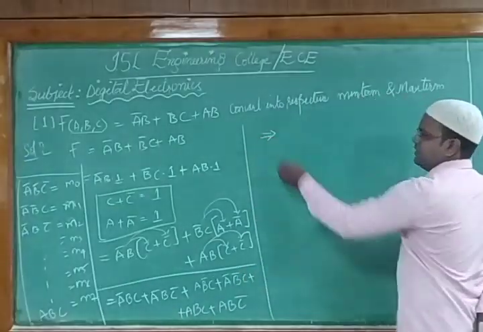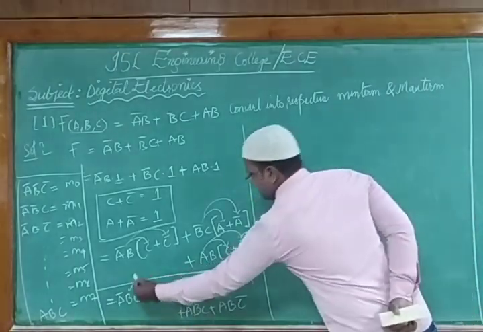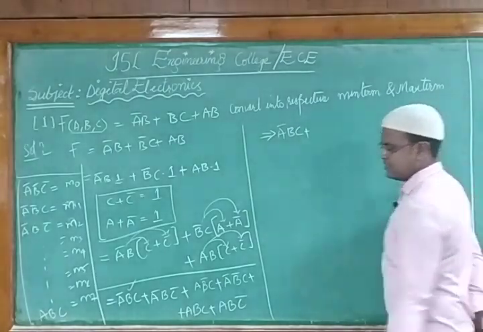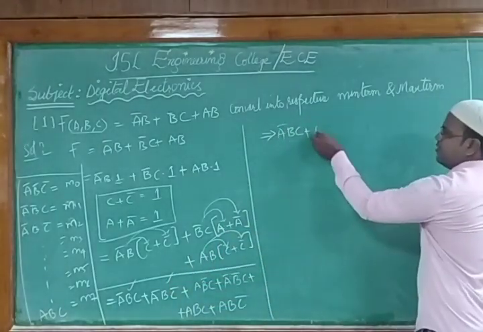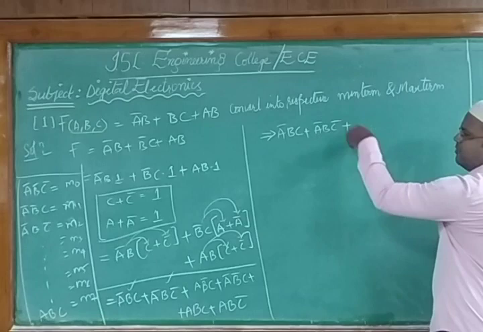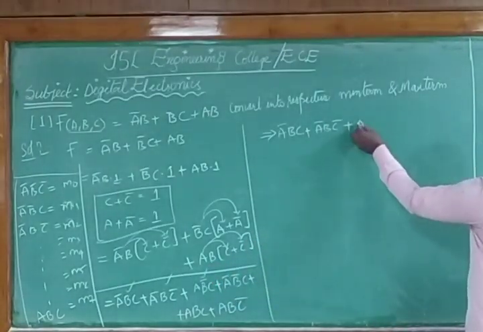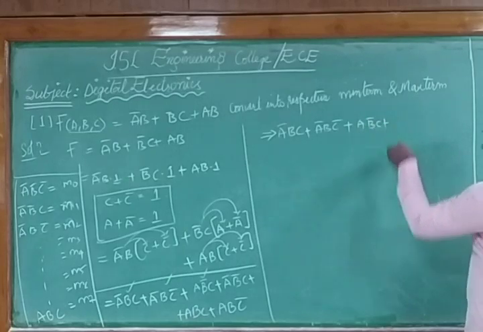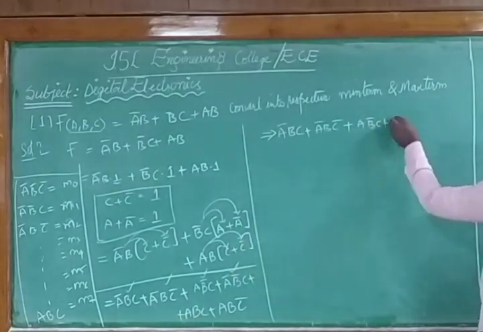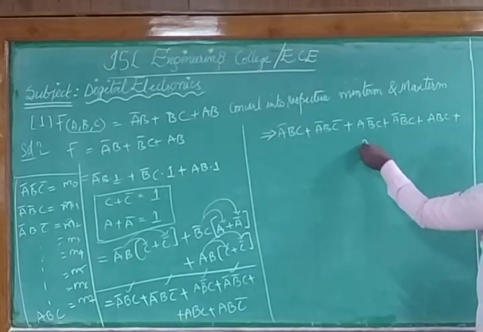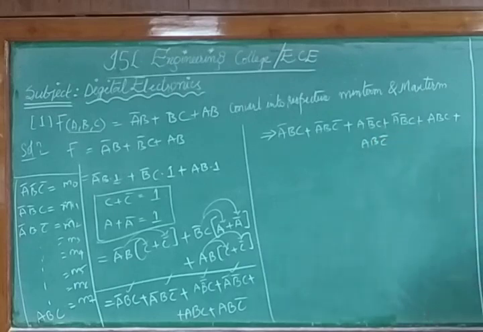As per the condition, we have A complement B C, plus A complement B C complement, plus A B complement C, plus A complement B complement C, plus ABC, plus AB C complement. These are the terms we get.